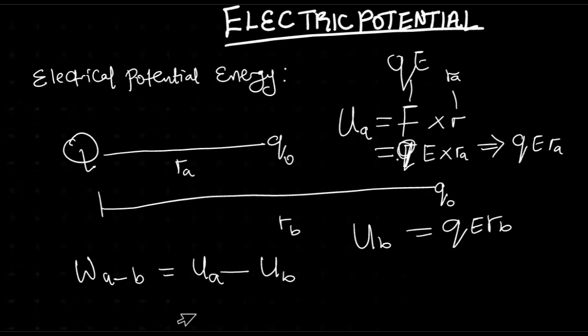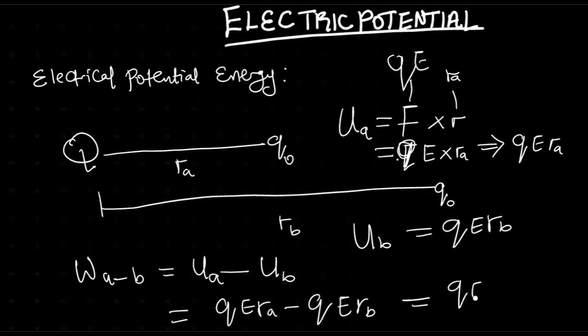So that when we substitute in here, we'll have qE r_A minus qE r_B, which is same thing as qE(r_A minus r_B). If you want to express this as the difference between final minus initial, right, it's just simple math. All you need to do is to put minus in here, right, and the arrangement here will change. So this will now be r_B minus r_A.